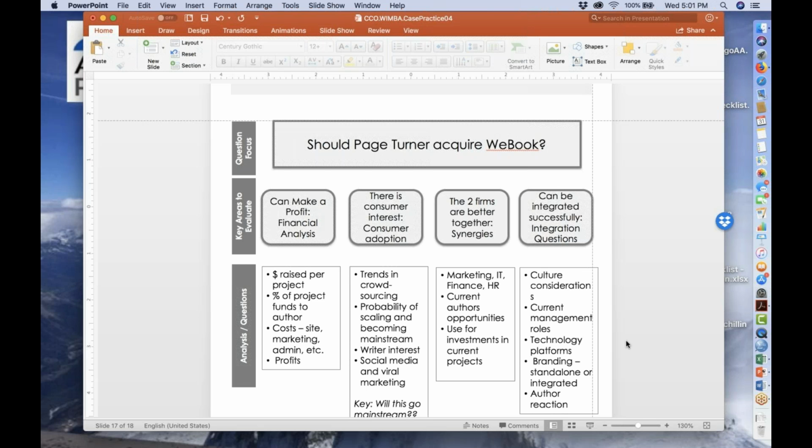And then finally, and almost always in any type of M&A case, you really want to think about the success of the integration: the operations piece, the human capital piece, the technology piece, the marketing piece. And for a case like this, you've got not only the consumer but also the authors, the writers.